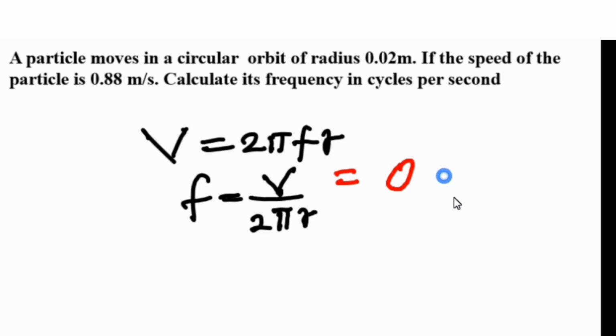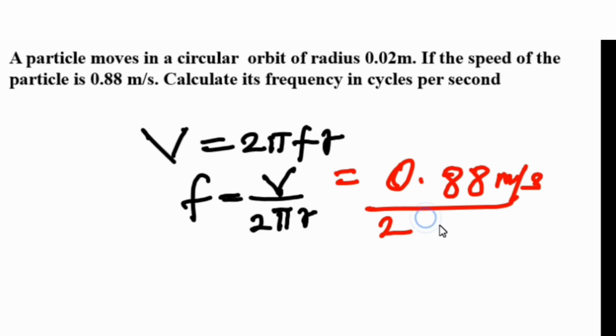Alright, the next thing we do is to substitute in the equation. So we now have that v is 0.88 meter per second, and this is 2 times pi, which is 3.142, and r given is 0.02.